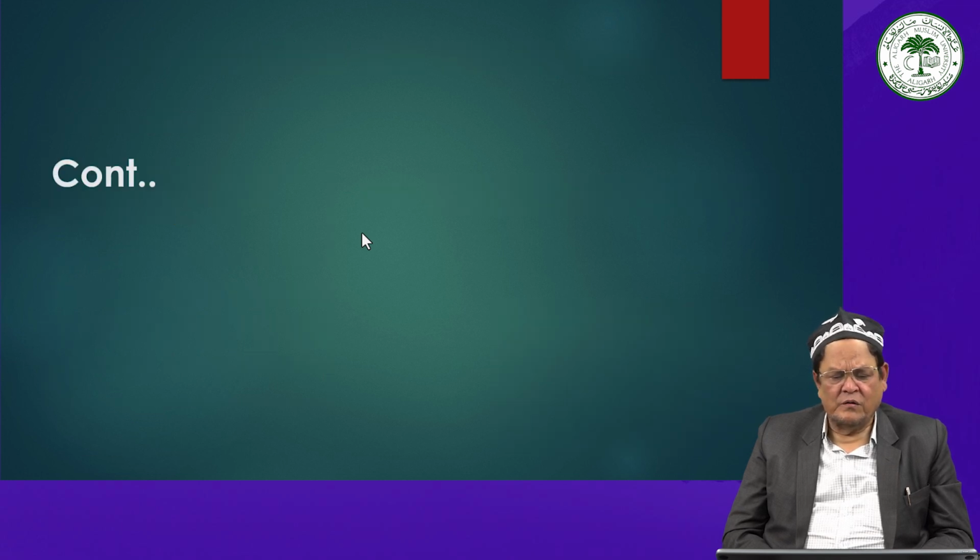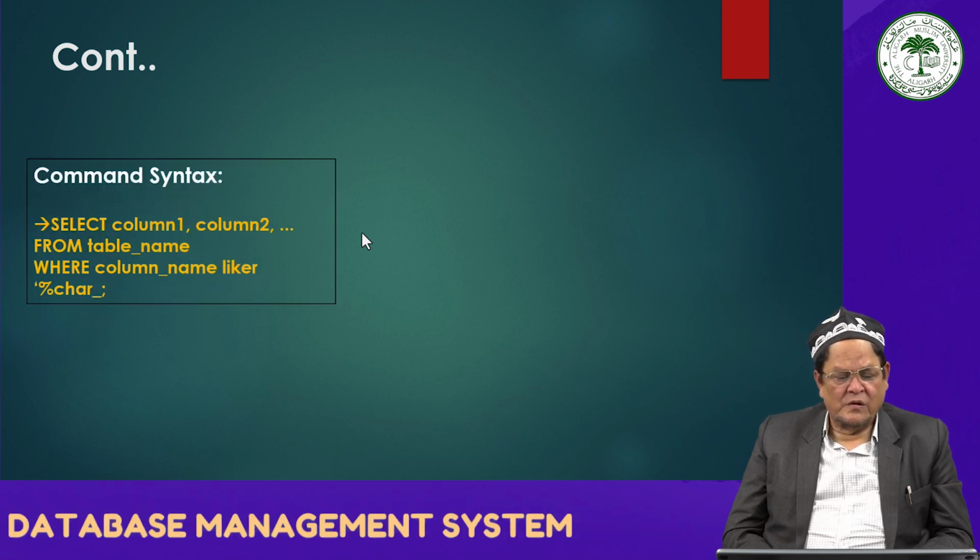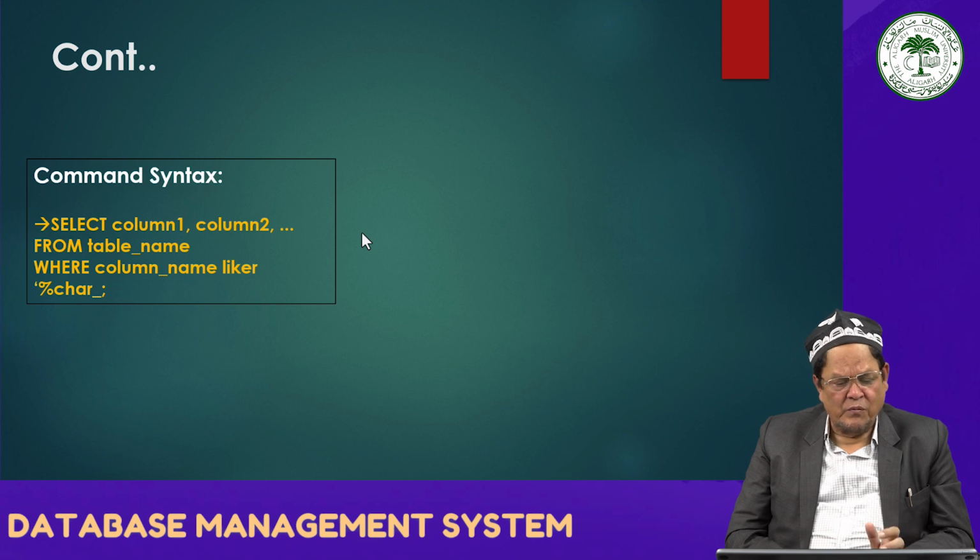The next command we'll discuss: SELECT column1, column2, and however many columns we want FROM table name WHERE column name LIKE '%a_'.